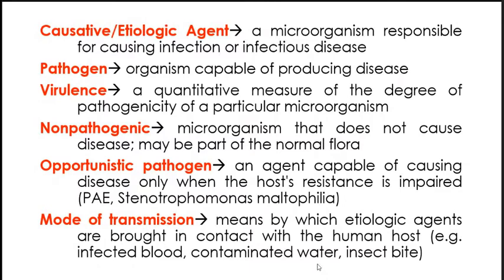So when we talk, we'll learn later what pathogenicity is and what is the difference of pathogenicity versus your virulence. So that with the mode of transmission, dito nakikita nyo na nasa third circle na tayo ng chain of infection. So that you would like to see how the microorganism can get out of the port of exit and then get into the port of entry again sa another susceptible host.